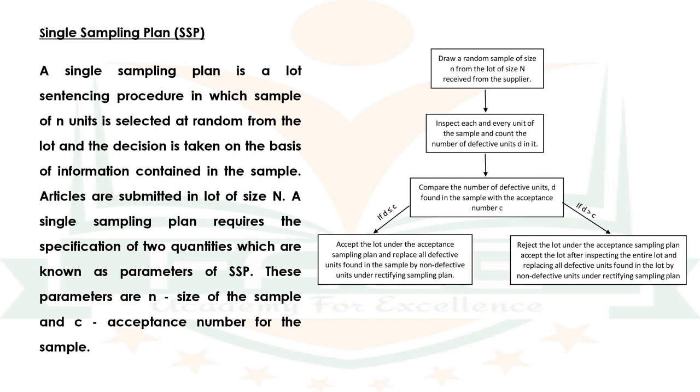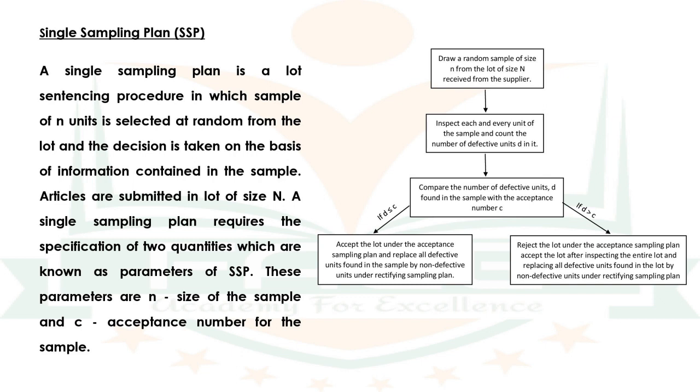Articles are submitted in lots of size capital N. A single sampling plan requires the specification of two quantities, which are known as the parameters of SSP, or the single sampling plan. These parameters are n, small n, which is the size of the sample, and C, the acceptance number of the sample.